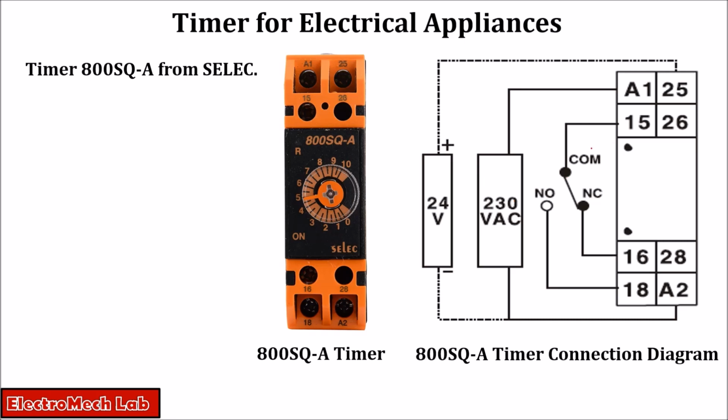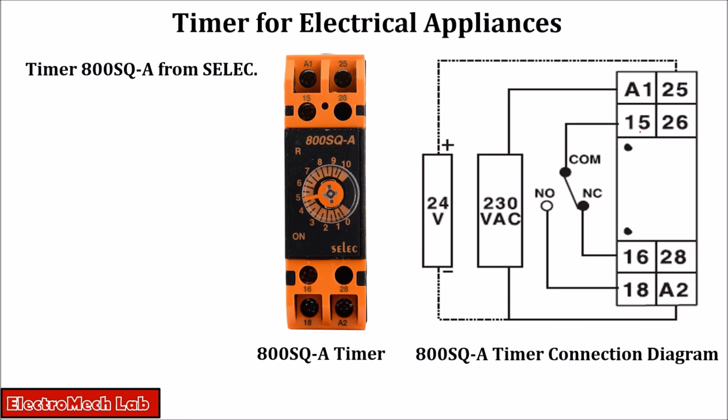So I will use only A1 and A2. If you want to use 24 volts, then you can use terminal 25 and A2. A2 is common for 230 volt AC and 24 volt DC.